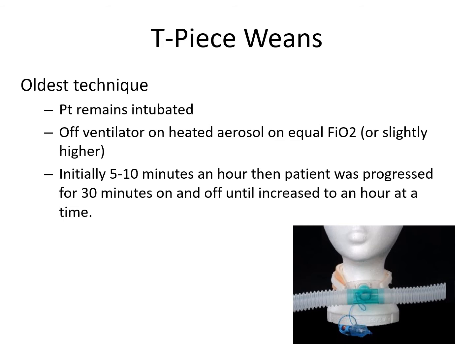It has been shown that it's not well tolerated in patients with underlying heart disease, severe muscle weakness, and persisting chronic lung conditions. Some patients panic with the idea of being off the ventilator, because you've totally removed that circuit.